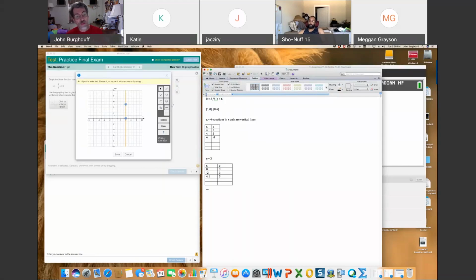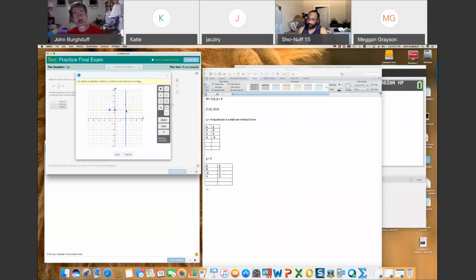And then if we look at what that looks like, the point (0, 3) would be right here. (-2, 3) would be over here. (4, 3) would be over here.